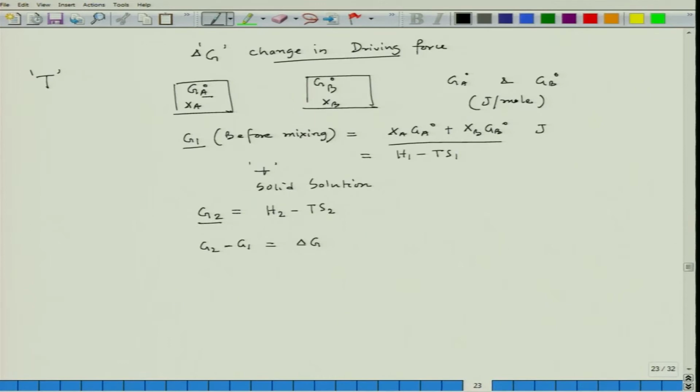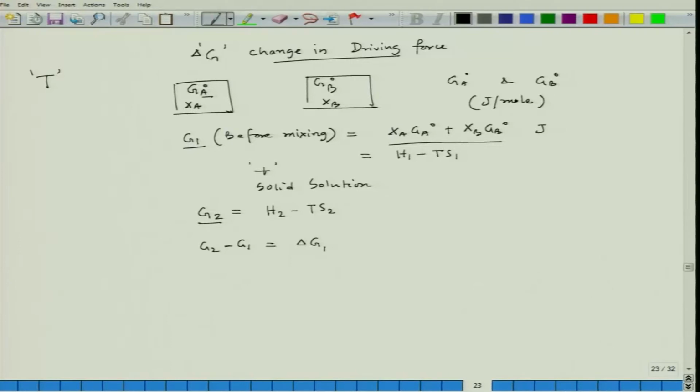And now, since this particular difference is coming due to the solid solution formation because of mixing, I can simply mention it as del G mix, which will be equal to H2 minus TS2 minus H1 minus TS1. This can be simplified as H2 minus H1 minus T times S2 minus S1.